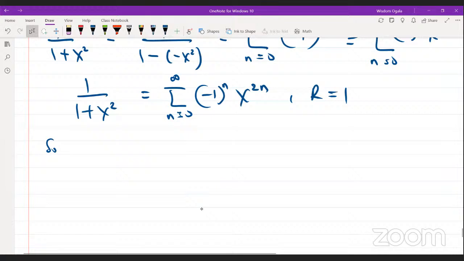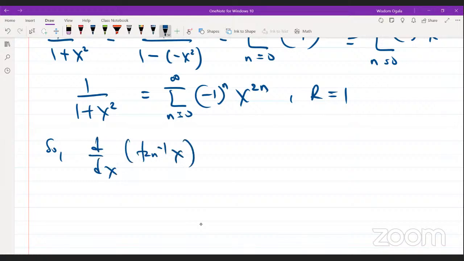So what happens to the tan inverse of x? Let me not skip steps again. Remember, d dx of tan inverse of x was given to be this. Now, how can I undo this d dx?